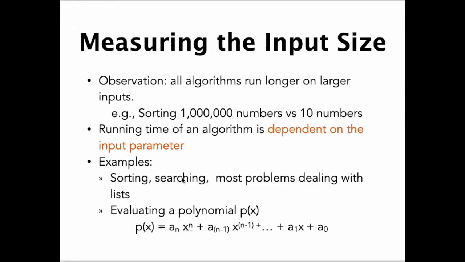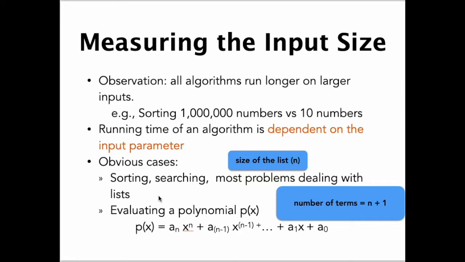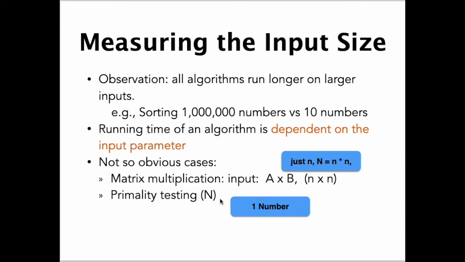For sorting, searching, and most problems dealing with lists, the input size is the size of the list. For evaluating a polynomial, it is the degree of the polynomial or the total number of terms, even if there is only one input. Some not so obvious cases: for matrix multiplication, although we have two matrices, the input size is not 2, but the dimension of the matrix, for example n by n.